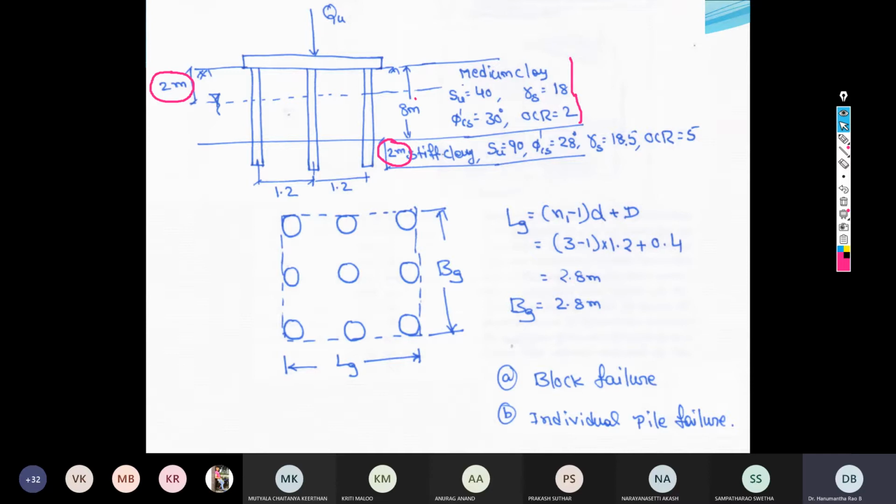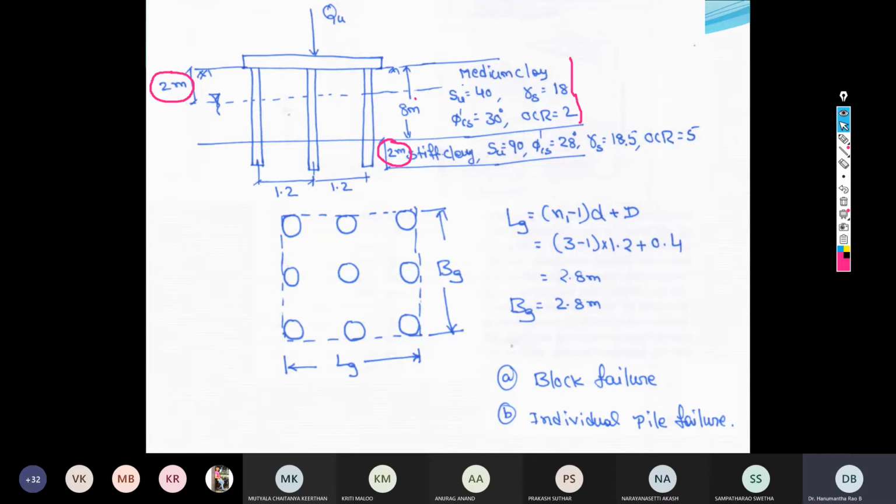Now another important step in pile group capacity calculation is that there are two schools of thought. One is to consider the entire pile group as a block failure mode, or the second one is the individual pile failure mode.